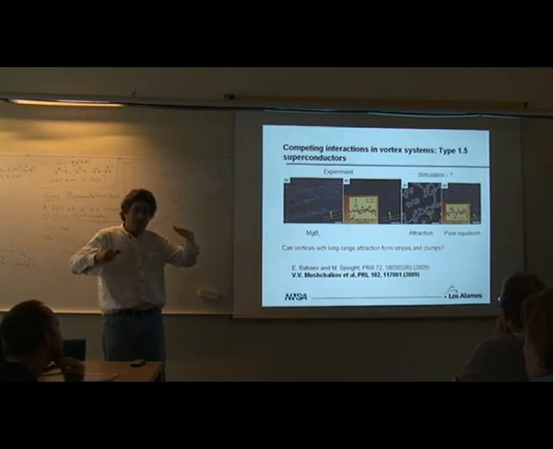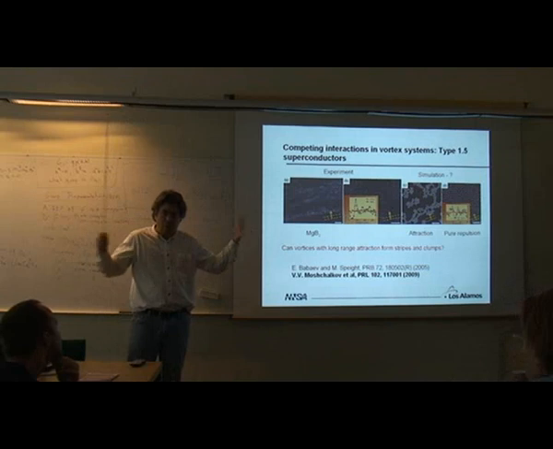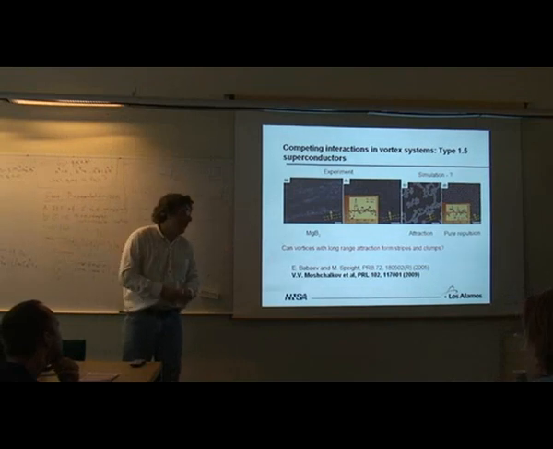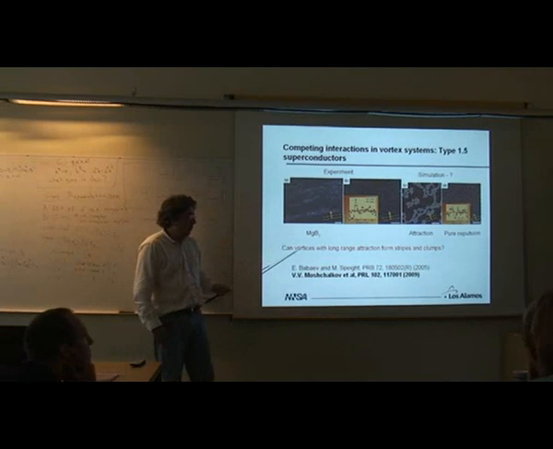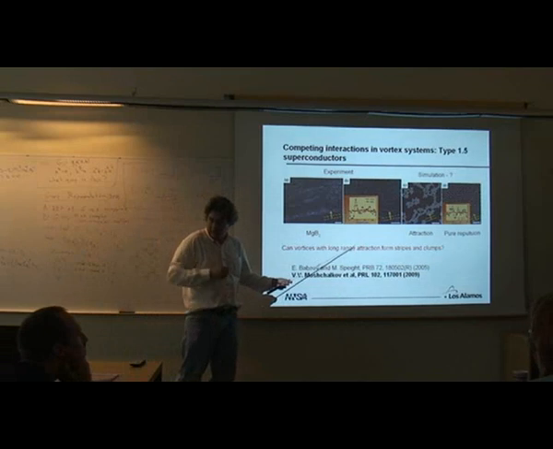However, your type 1 vortices want to form this single phase, so that's an attractive interaction. So in essence, you can have a system that has short range repulsion, but longer range attraction. I believe that's the correct way of stating it.